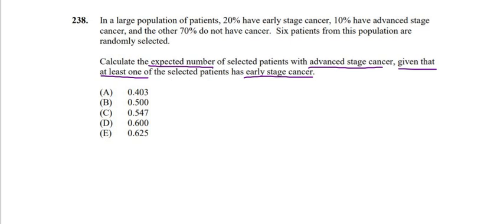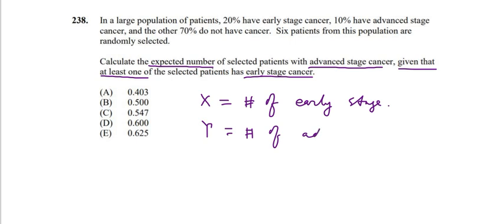So let x be the number of patients from early stage cancer. And y is the number from advanced stage.